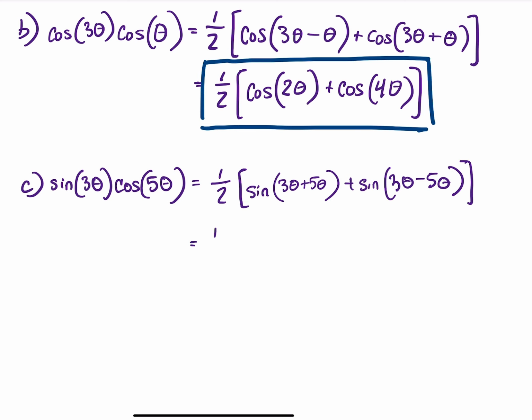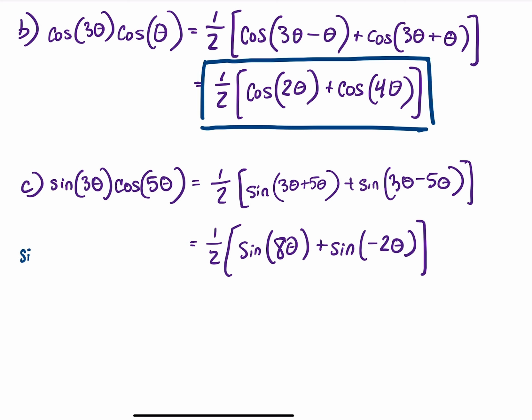So let's simplify this. 1/2 times the sine of 8 theta plus the sine of, this would become negative 2 theta. So there's nothing necessarily wrong with that, but recall that we can use the odd property of the sine function, that if we have the sine of a negative angle, that's equal to negative sine of the positive angle.